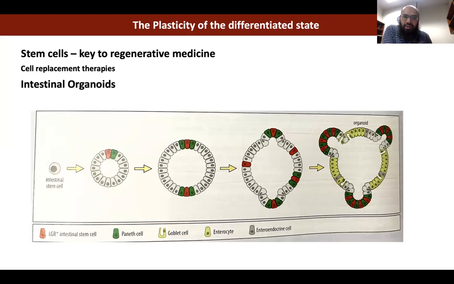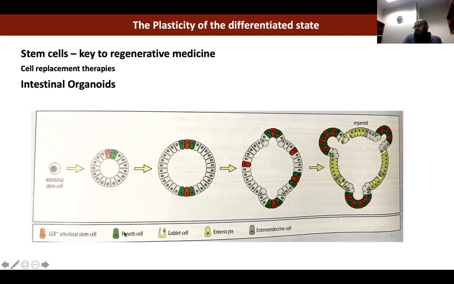It always gives one cell of its own kind, and a second cell which is a more differentiated cell or a precursor of a differentiated cell. In this way, this single intestinal stem cell gives rise to a population of cells which contain both the stem cells and Paneth cells, goblet cells, enterocytes, and enteroendocrine cells.